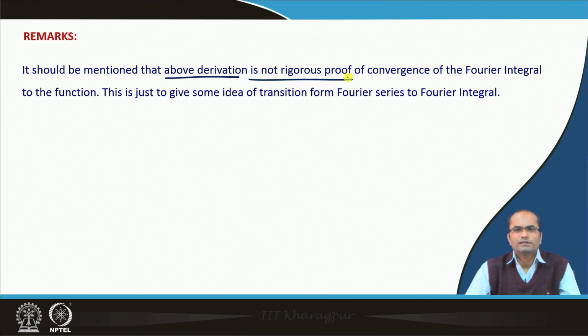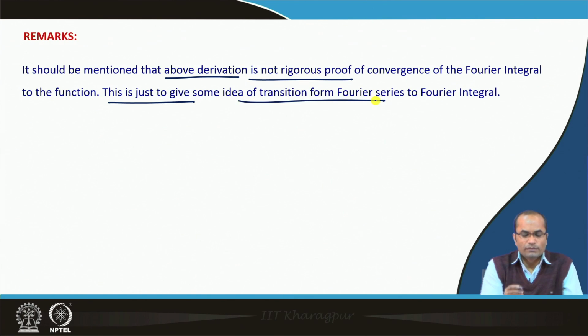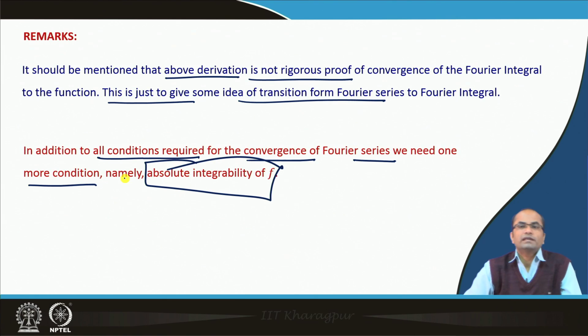It was just to give the idea of how the transition takes place from the Fourier series to the Fourier transform. In addition to all conditions required for the convergence of the Fourier series, we have also included absolute integrability of f, because with this absolute integrability of f, we were able to set the first term to 0 when L approaches infinity.